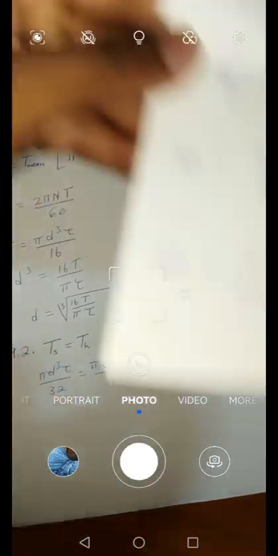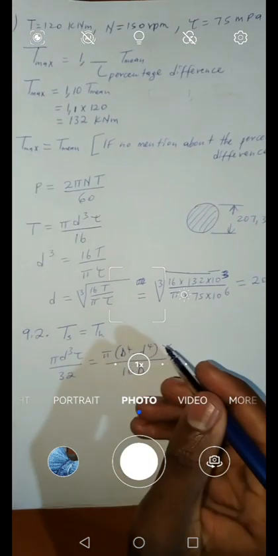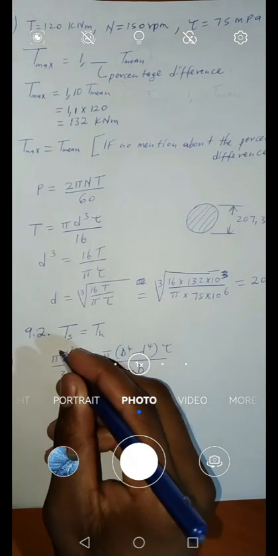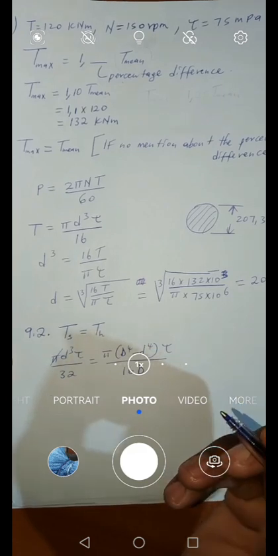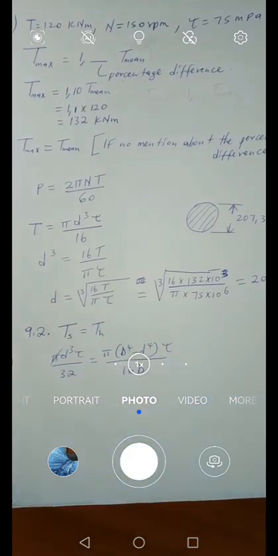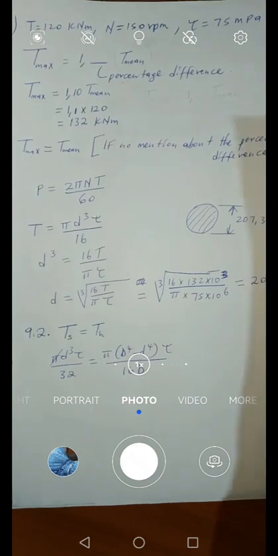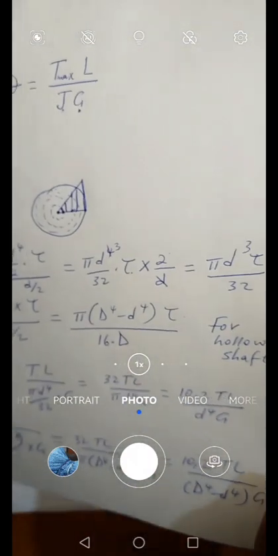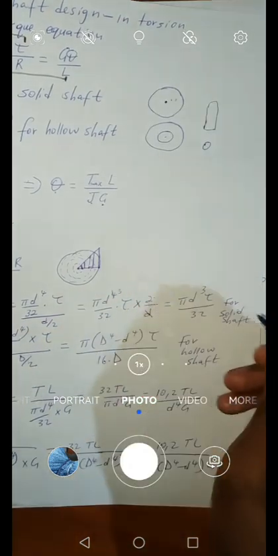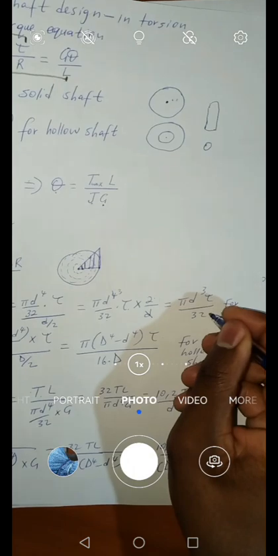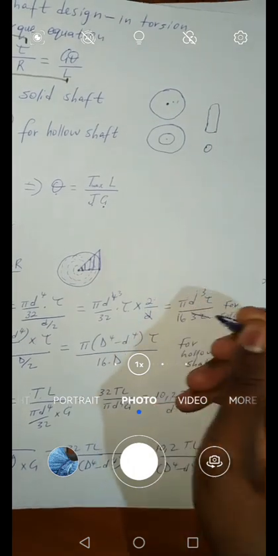Then from there it is mathematics. Let's see. Yeah, something's not right here, sorry. 2 over 32 is 16. 2 into 32 is 16. It must be 16 here.